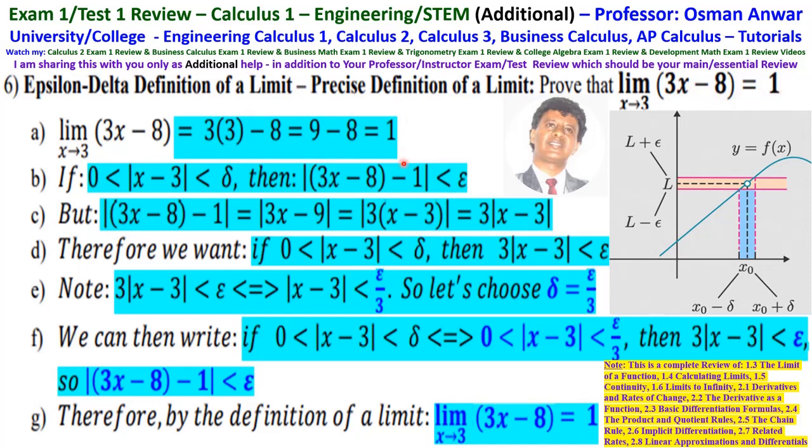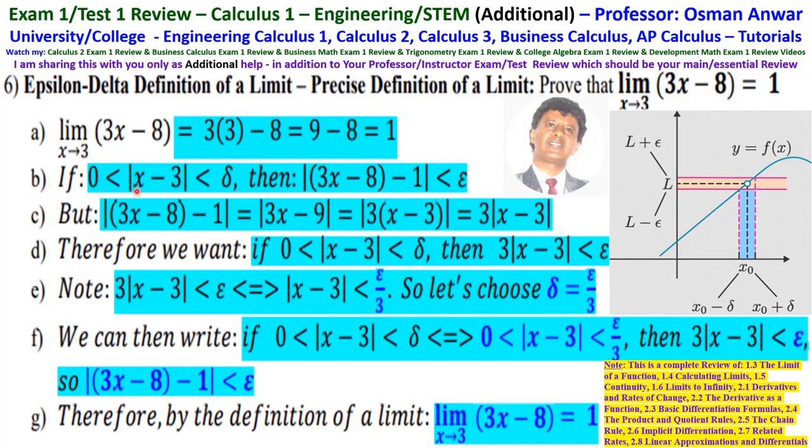So to prove using the epsilon delta definition of a limit, first, A, find the limit as x approaches 3 of 3x minus 8, which is 3 times 3 minus 8, which is 9 minus 8 equals 1.